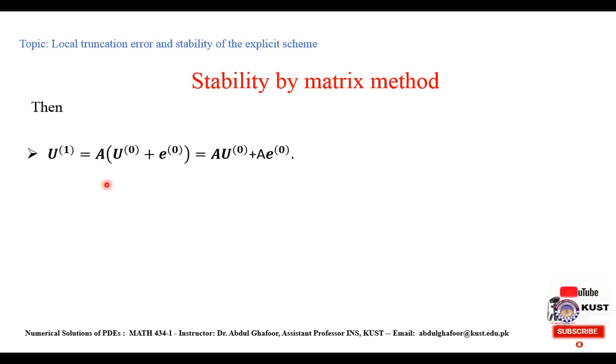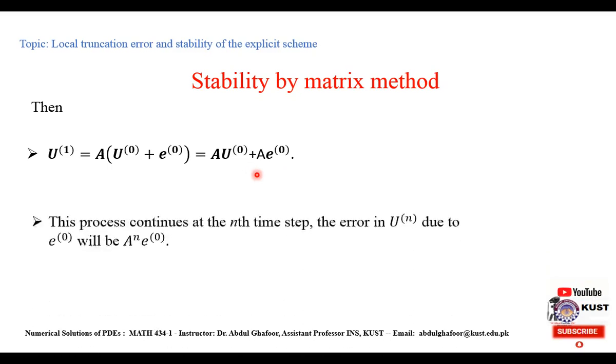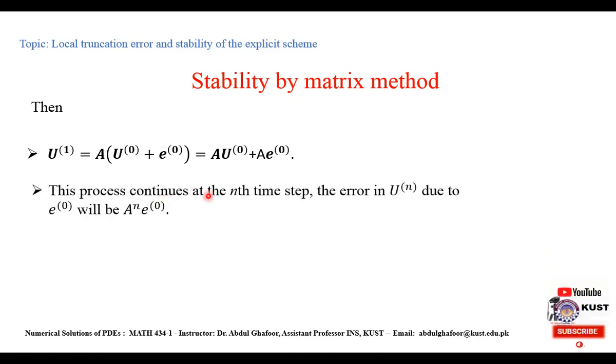And similarly, for j equal to 1, U2 will be equal to A U1. So A squared E0 is the error that will propagate in the next step, and this process continues at the nth time step.